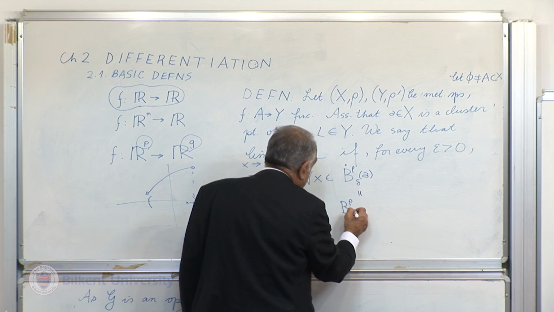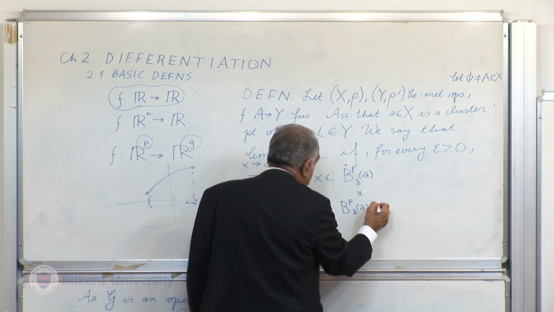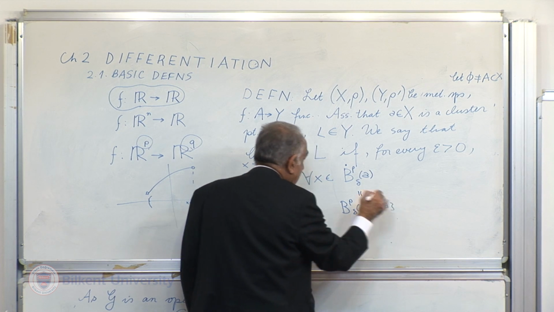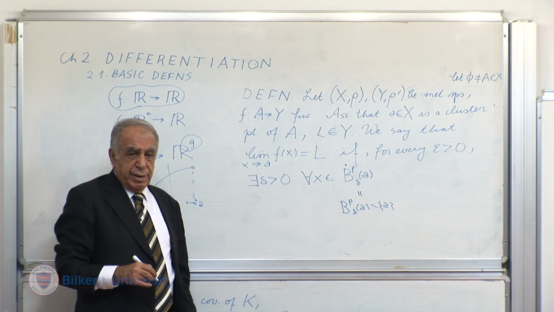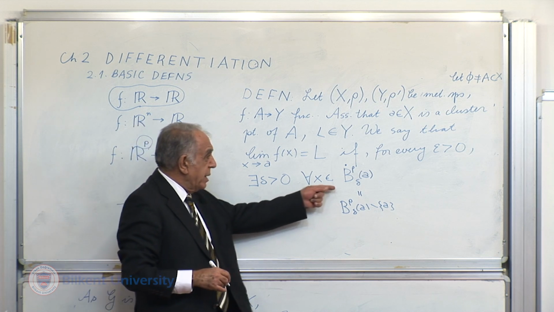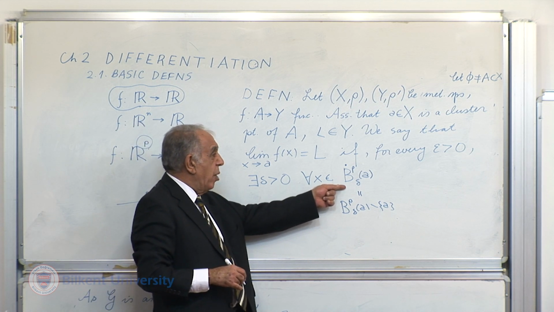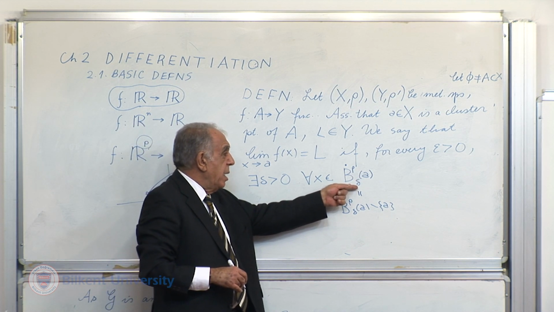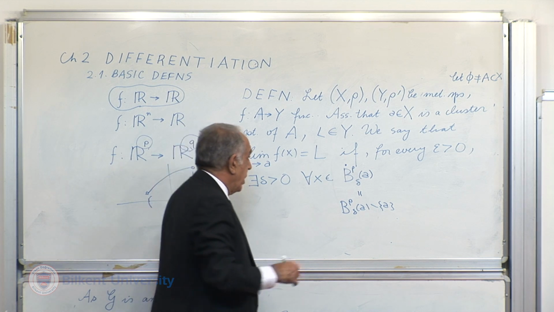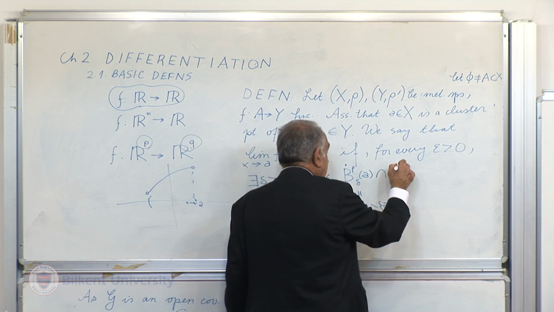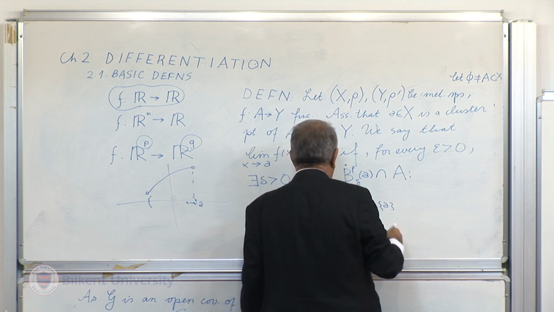This will be the delta ball about a with a taken out. And we'll refer to this as the punctured delta ball about a with respect to rho. But also that should be in A.